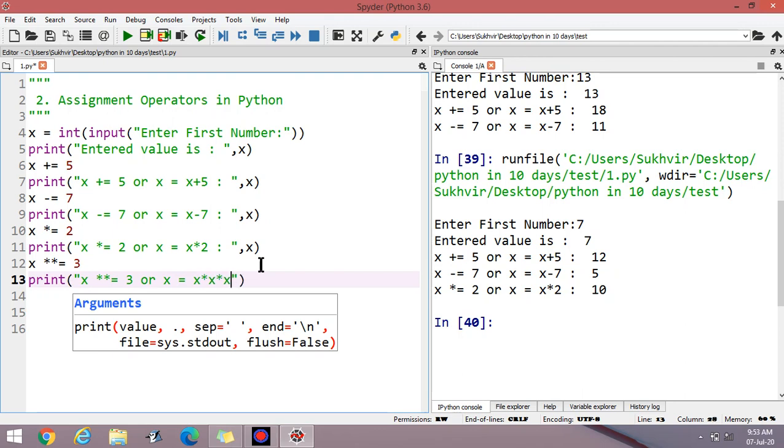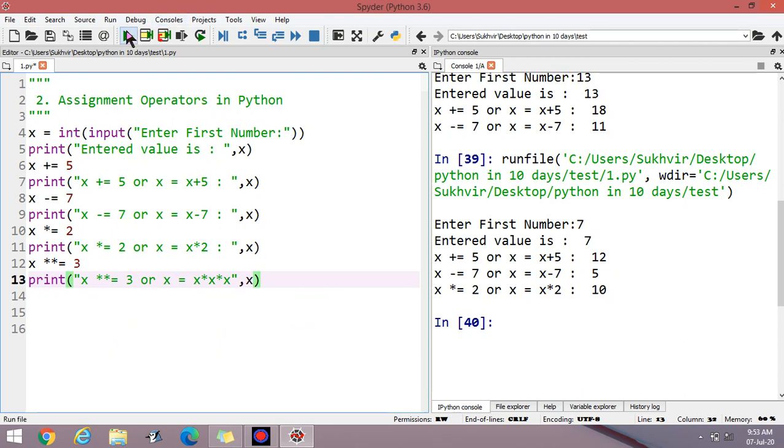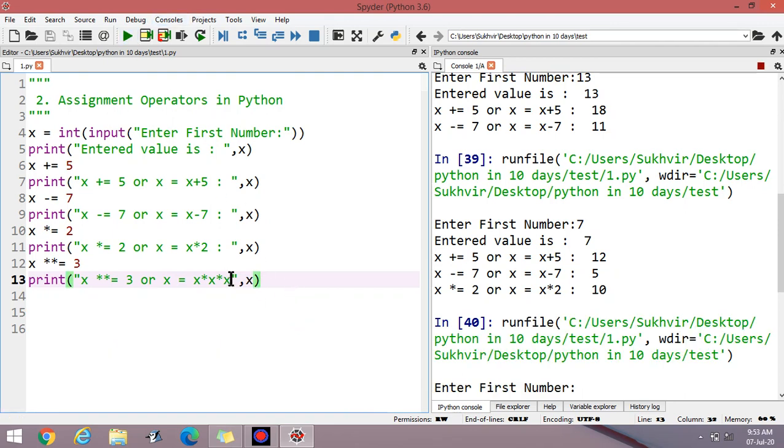It means x raised to power 3 basically. x multiply x multiply x. Now print the output.